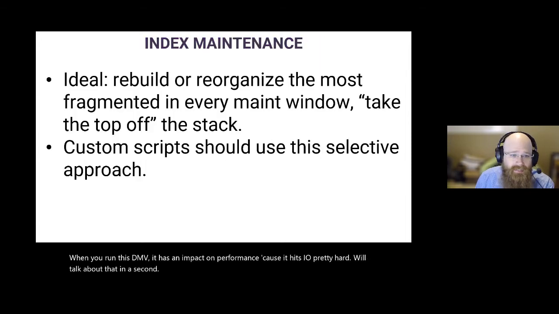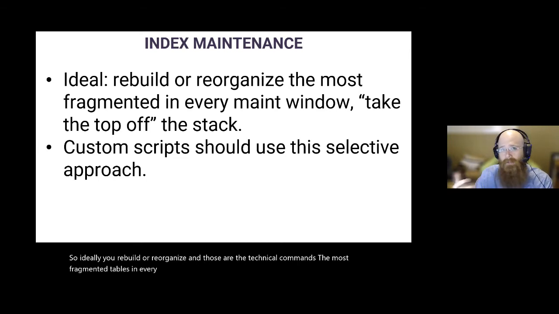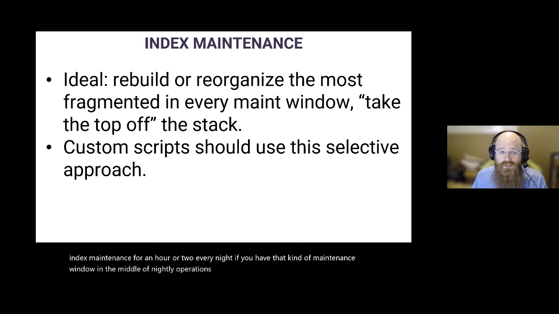So ideally, you rebuild or reorganize, and those are the technical commands, the most fragmented tables in every maintenance window. You kind of take it off the top. So run your index maintenance for an hour or two every night if you have that kind of maintenance window in the middle of nightly operations. Your custom scripts could choose to be selective.